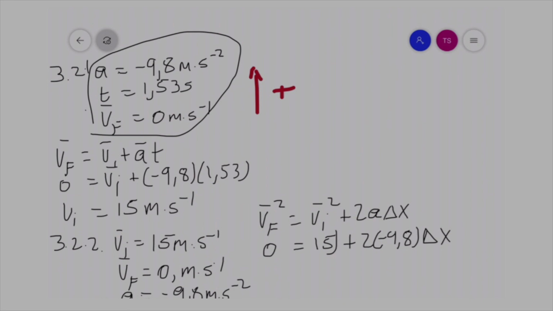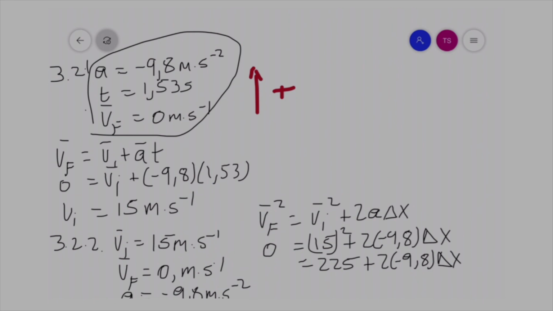Oh, remember here it's squared, so I'm gonna get 225 plus 2 times negative 9.8 times the change in displacement.